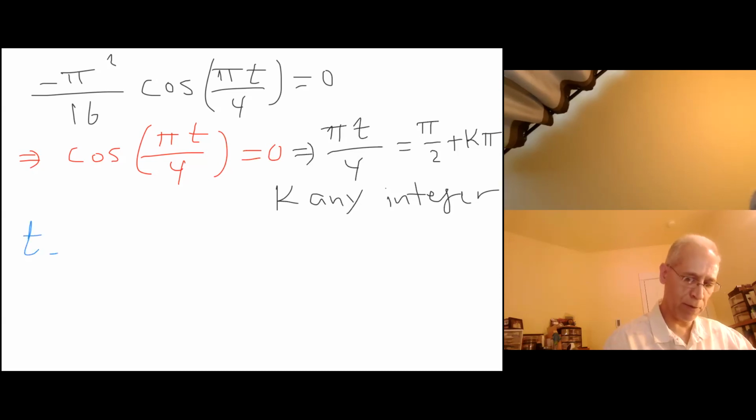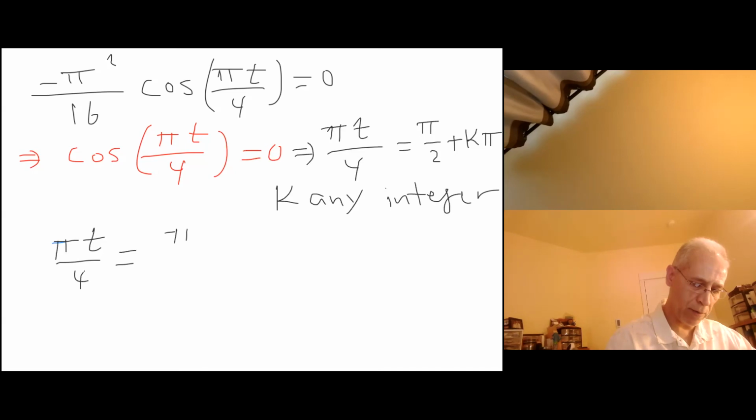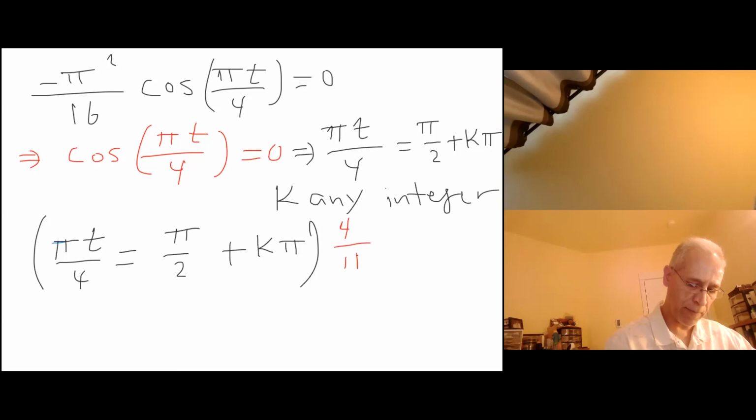If I now multiply both sides of this equation by 4 over pi, let me write down pi t over 4 equals pi over 2 plus k pi.